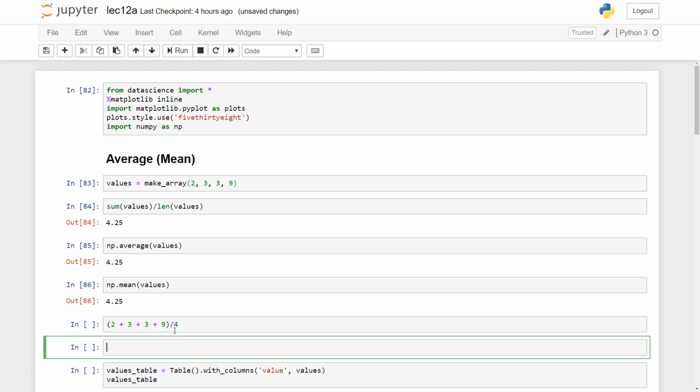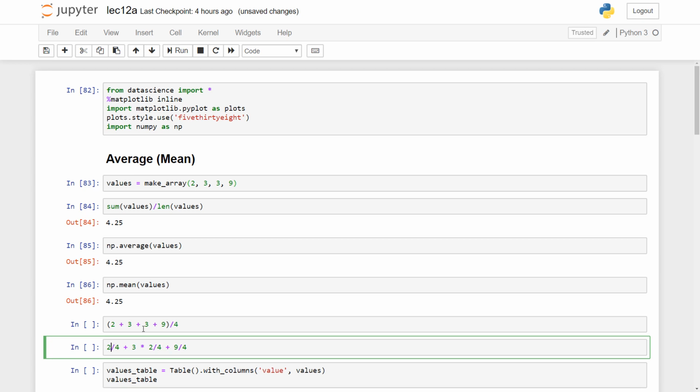I will distribute the division over each value, so this will be 2 over 4 plus 3 over 4 plus 3 over 4 plus 9 over 4. That's the same value. Now I see that the number 3 is repeated twice, so I will delete one of them and just multiply by 2 here. That's again the same thing.